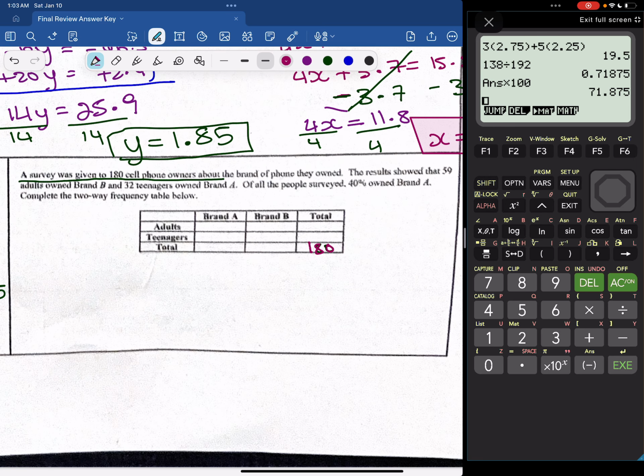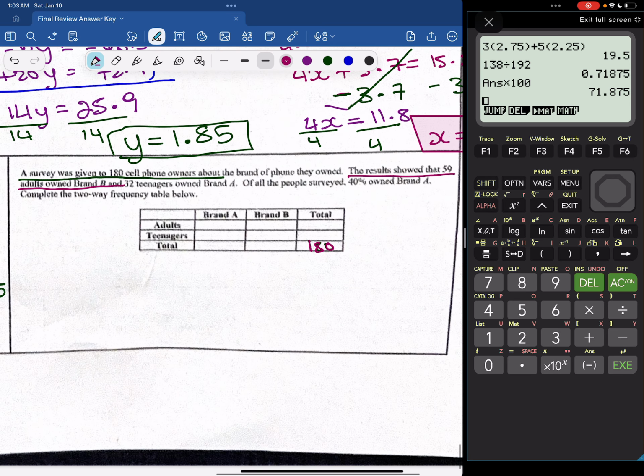Next, we are told that the results showed that 59 adults own brand B. So we would go to the column of brand B, and we know that there were 59 adults that own brand B. So brand B and adults, that would be this column right here.